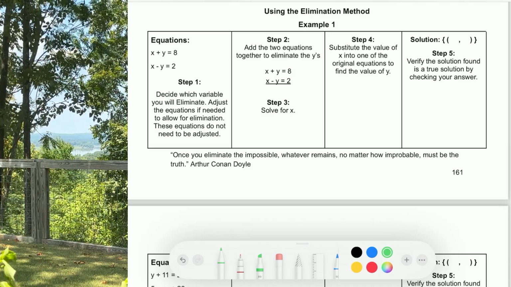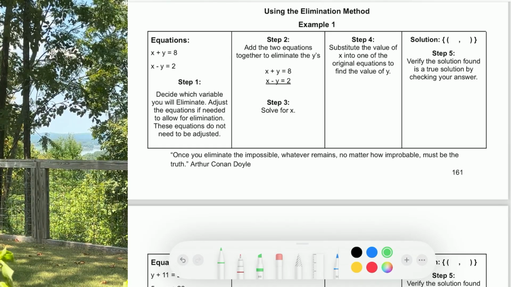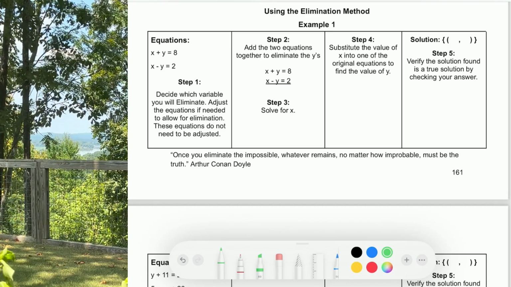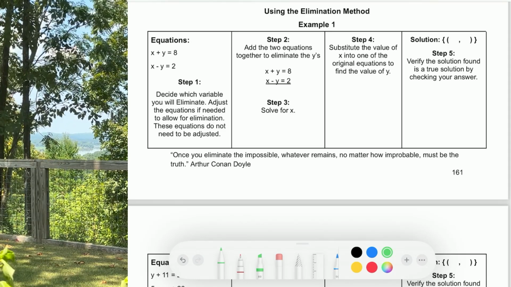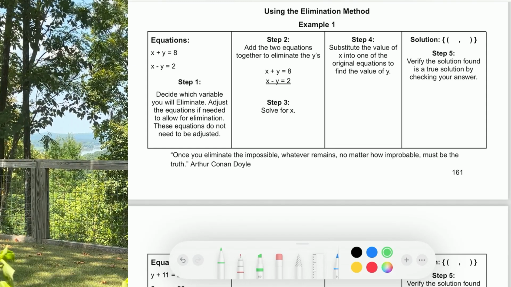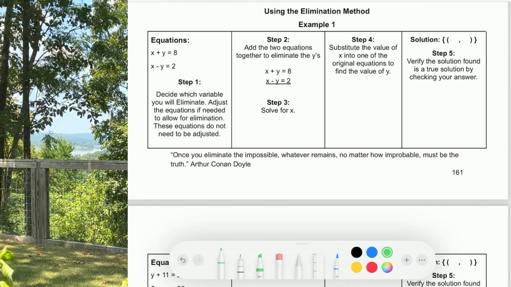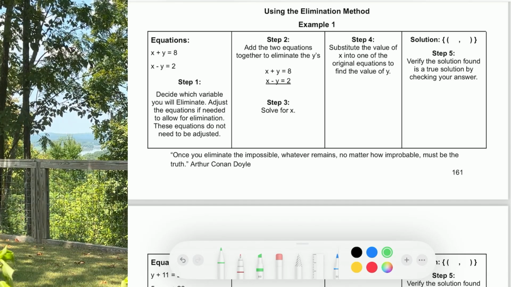In this first example, we actually don't need to adjust anything because I noticed that my y's are matching but opposite signs. One is a positive y, one is a negative y. So I know that if I add these two equations together, they're going to cancel each other out.